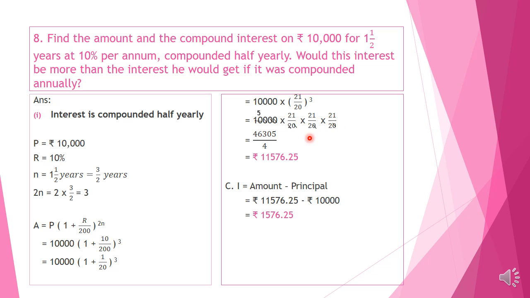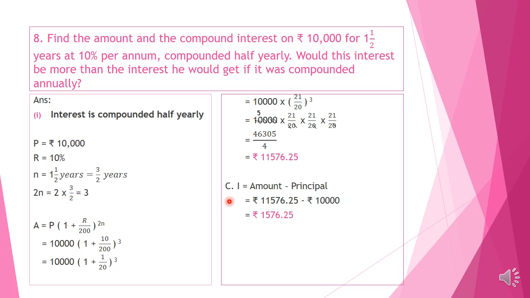So 2 into 2, 4. So multiplying numerators, that is 21, 21, 21 and 2 and 5, we get 46,305. And denominator side we have 4. So children, dividing time we get answer 11,576.25, and it is the amount we get after 1.5 years based on half year.